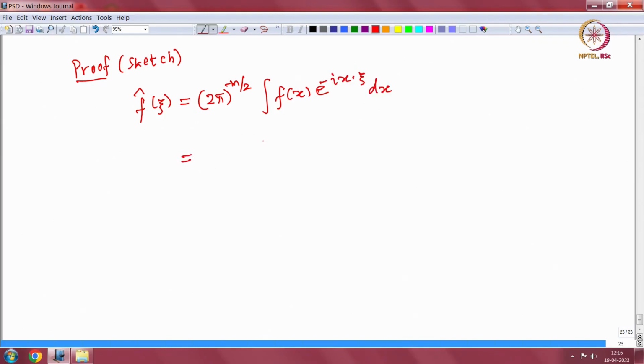Here I want to put a factor, namely e to the minus i x plus pi j by mod j square.